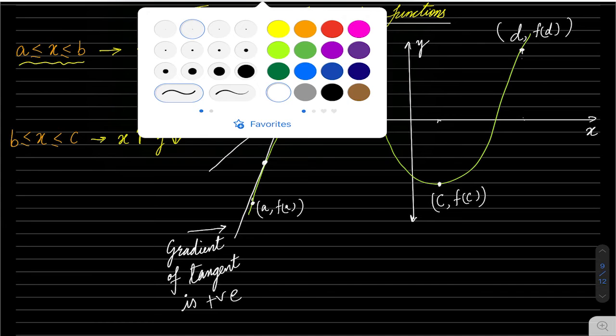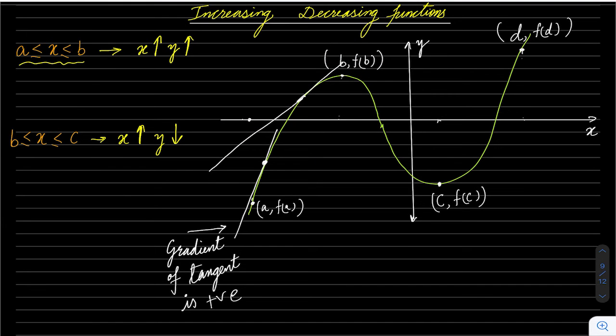And if you take any point from B to C, for example, let's take this point, and you draw a tangent at this point, then you will observe that the gradient of the tangent will be negative. You can take any point, it will always be negative. You can take this point also.